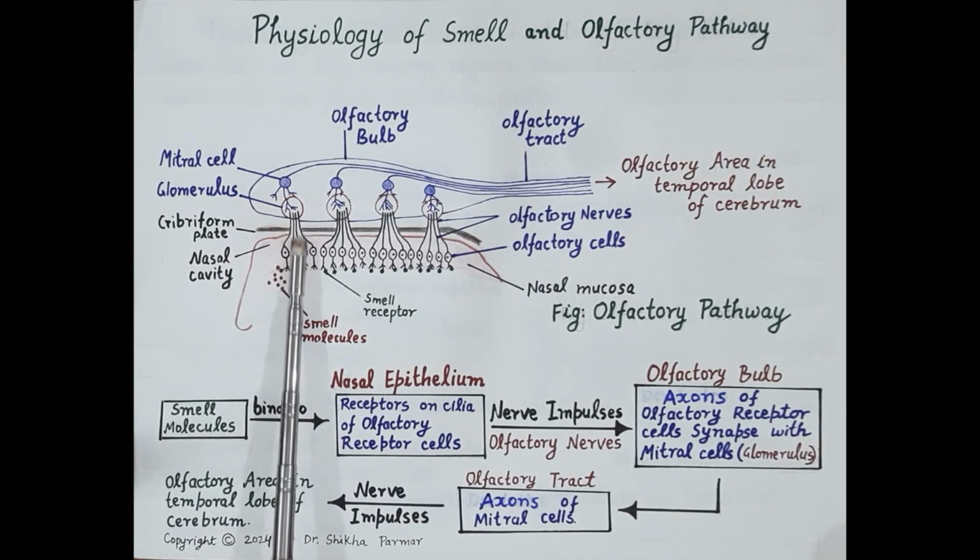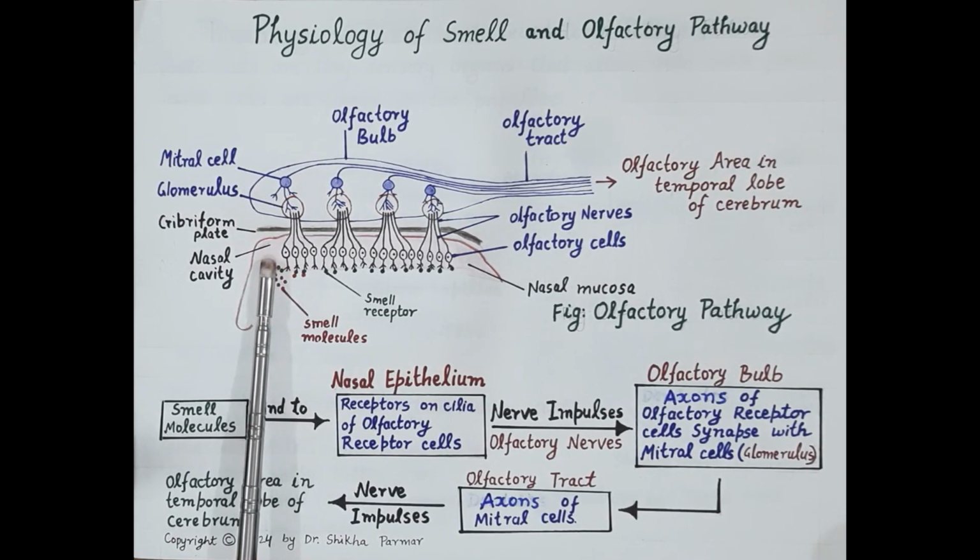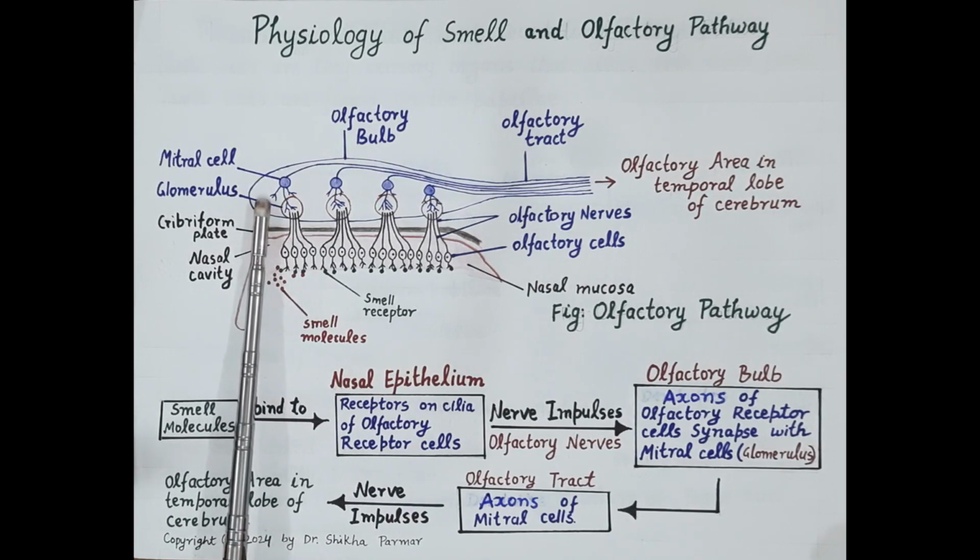Now all these axons of olfactory receptor cells carrying information of a particular odor or smell synapse with the dendrites of mitral cells at the glomerulus. Now very important, each glomerulus is sensitive to a particular odor or smell. So this is how information which is generated at the nasal epithelium is transported to the olfactory bulb.